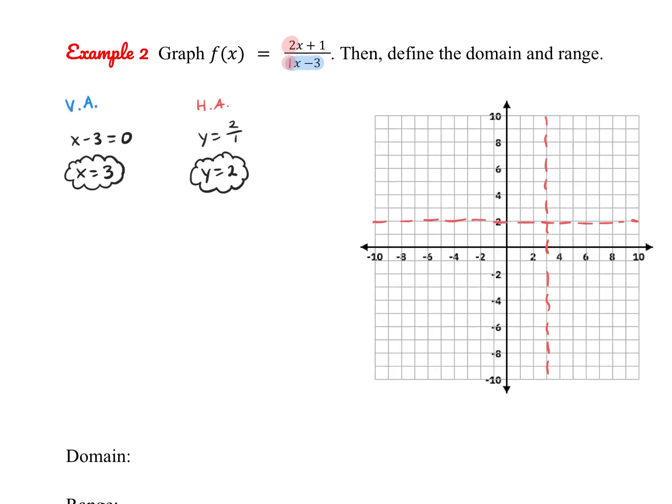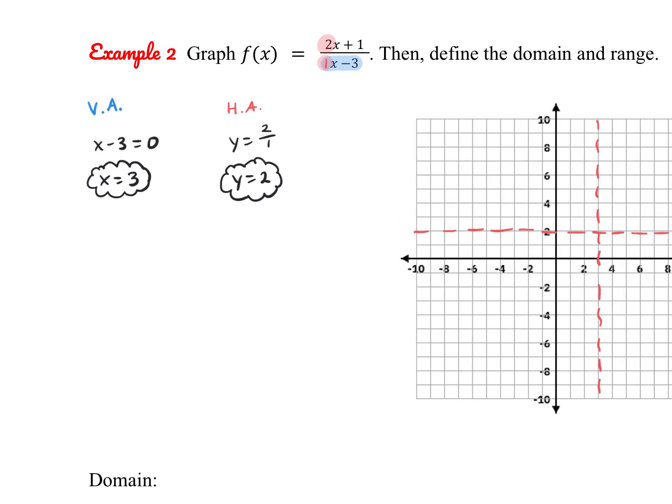Then we just need to find a couple of exact points to the right and left of the vertical asymptote. So let's try f of 4. So we have 2 times 4 plus 1 over 4 minus 3, which is 9 over 1. So we have the coordinate (4, 9). All right, let's find one more coordinate to the right.